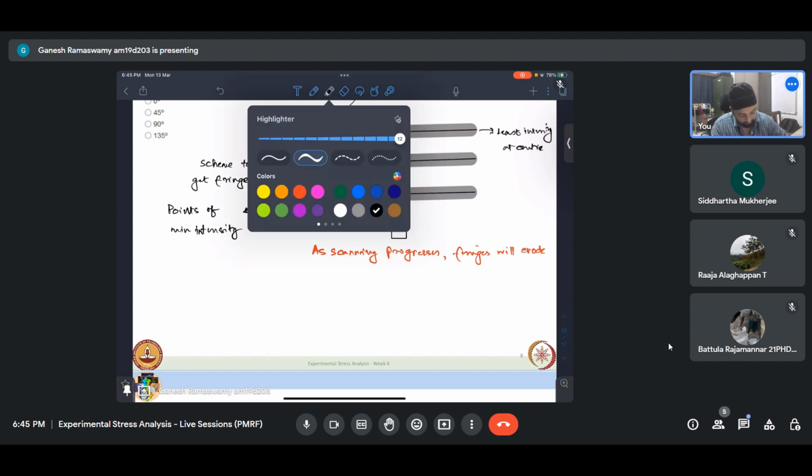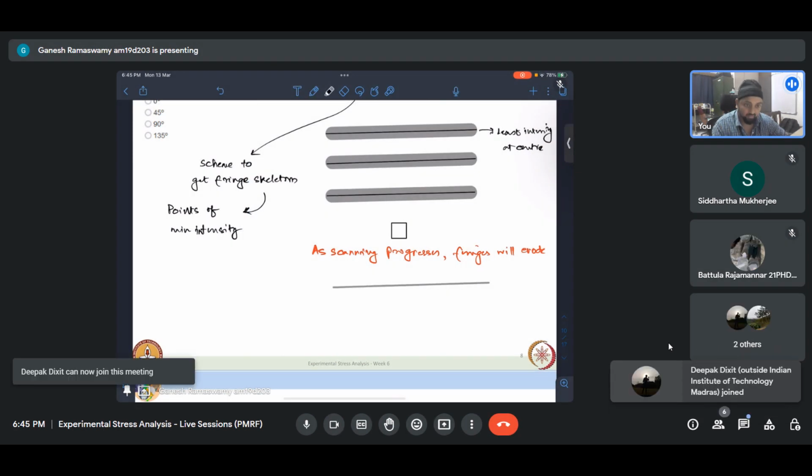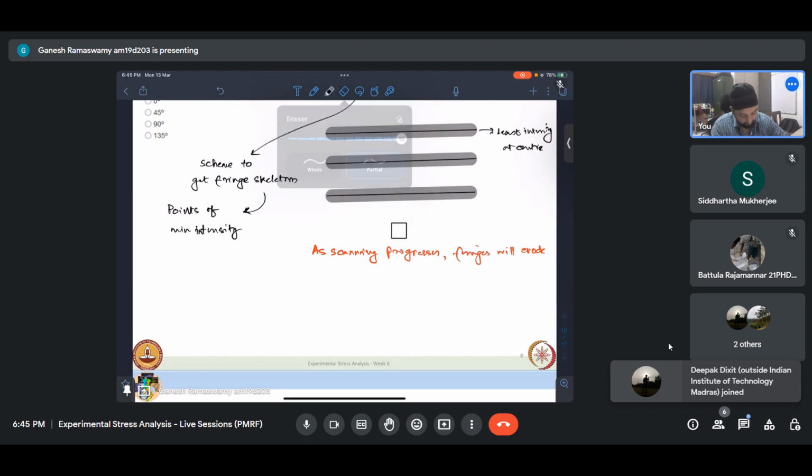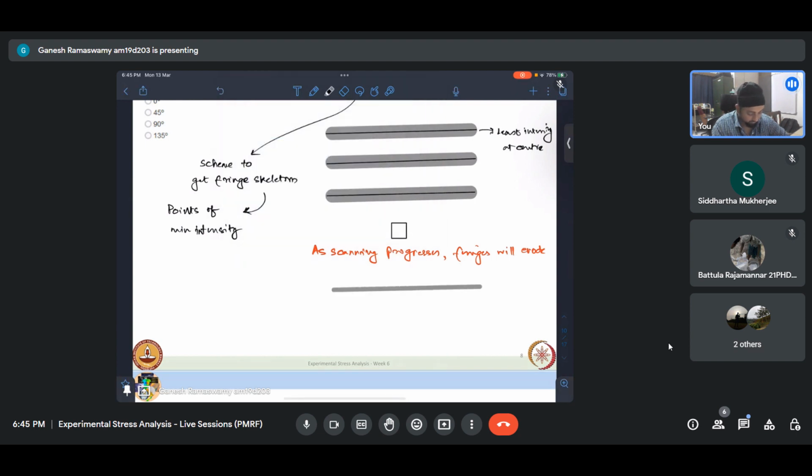After a point in time, after certain rounds of scanning, we will see that our fringes appear to be this way. Once we finally get through the scanning, just reducing it to one pixel width, we would be essentially able to see lines.